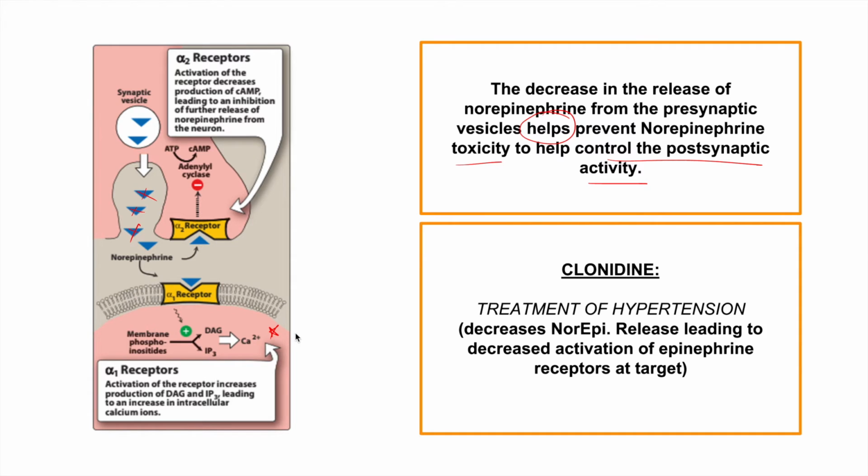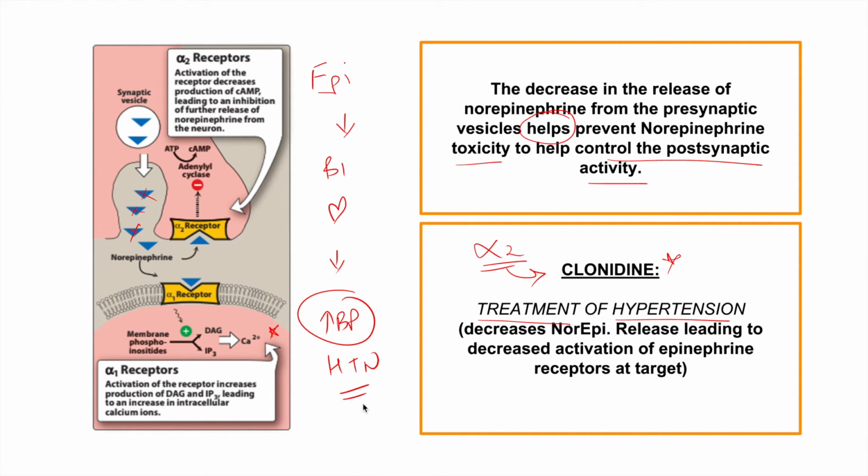Now, this is an example of alpha-2 agonist drug known as clonidine. The treatment of hypertension is done by clonidine. How so? Well, we know that when epinephrine is attached to a beta-1 receptor at the heart, it leads to increase in blood pressure. In other words, hypertension, right?